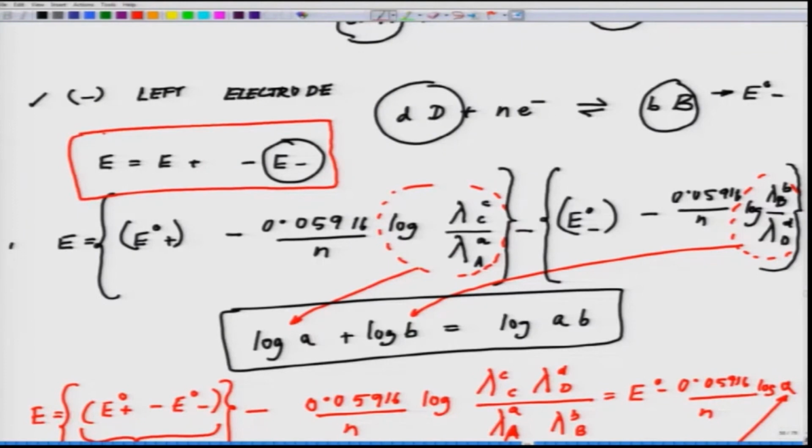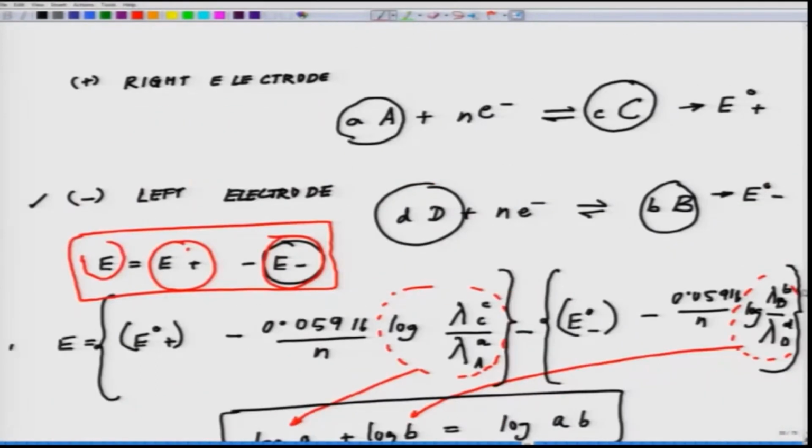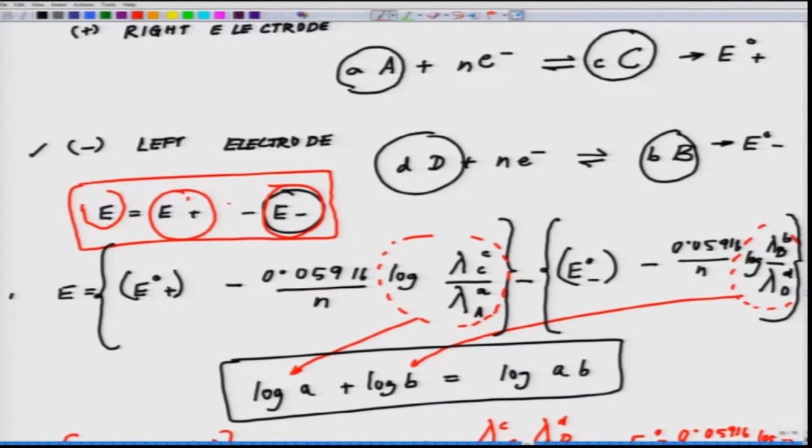This is how we measure, right. This is the potential, this is positive, this is negative, and this is how we make the left electrode and the right electrode. If everything is the same, if both the electrode reactions are the same, will the current flow across it or not?